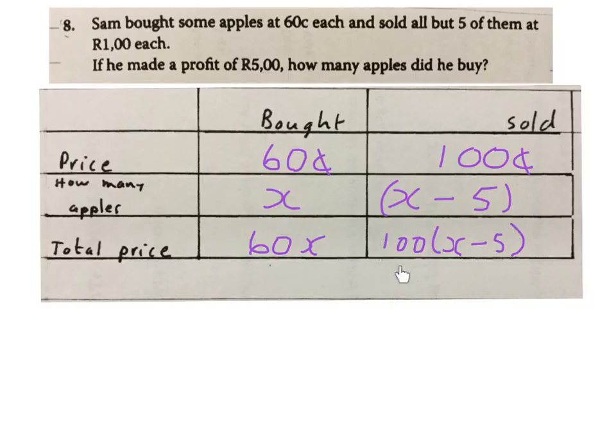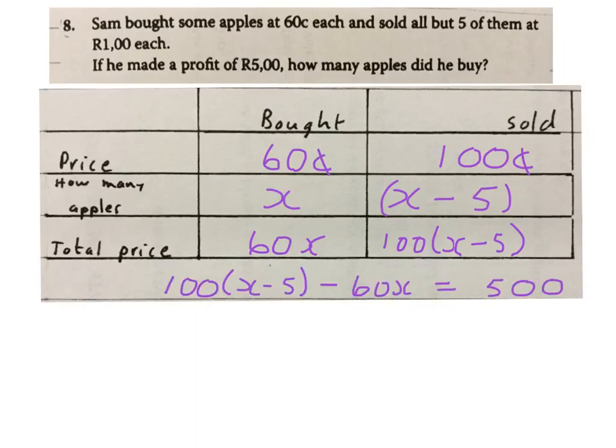But this is the money that he got in when he sold it, and this is the money that he paid. So your profit is, now there's three possibilities here to work out the profit. I usually take the money that he got when he sold it, and I minus this amount, and it equals the R5. Now I set up an equation.